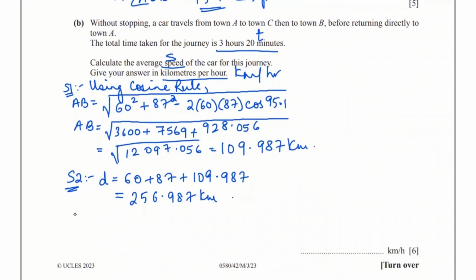Now let's use this value to find out speed is equal to distance upon time.